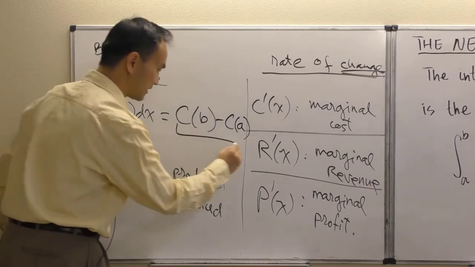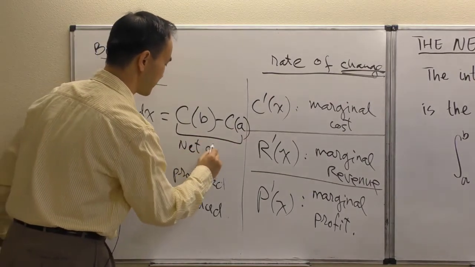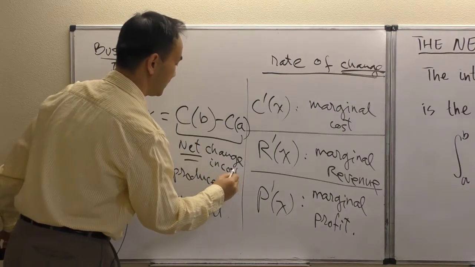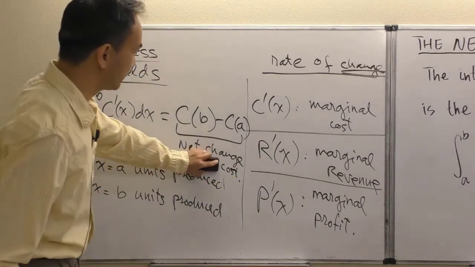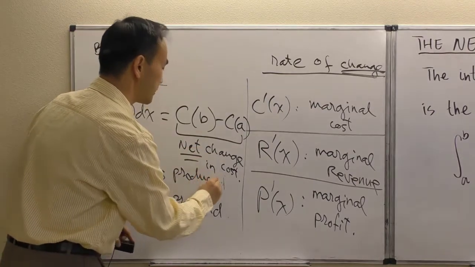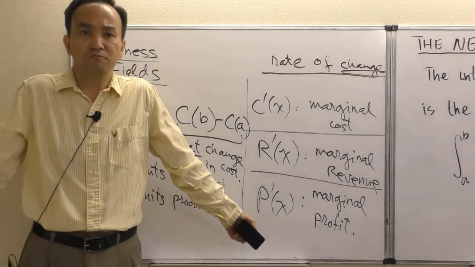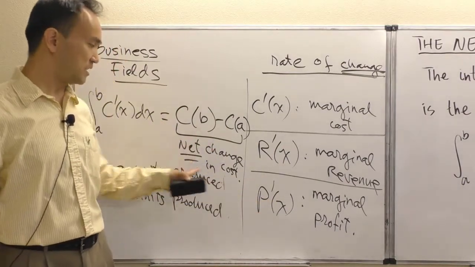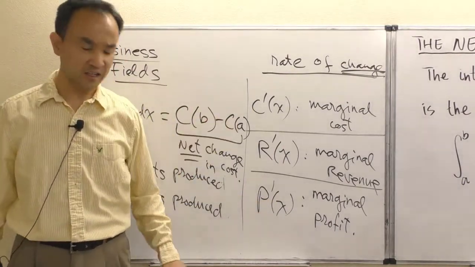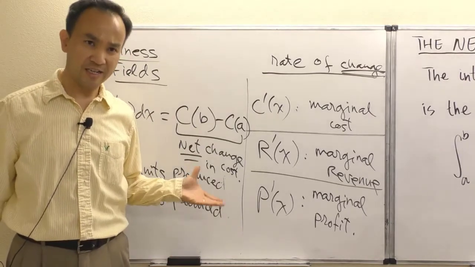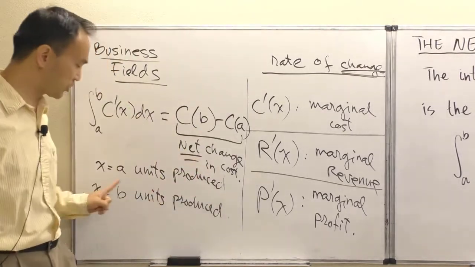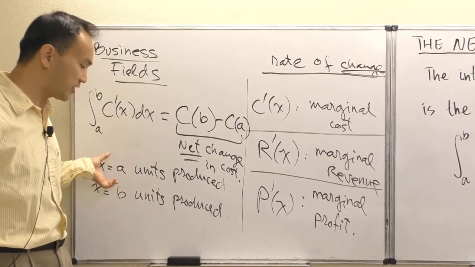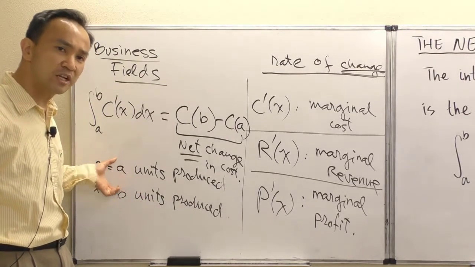Again, this is the net change in cost. And of course, for people who are working in business, cost functions are most of the time positive. So instead of saying net change, people in the business field call it the total change in cost when your factory decides to change from producing a units to b units.